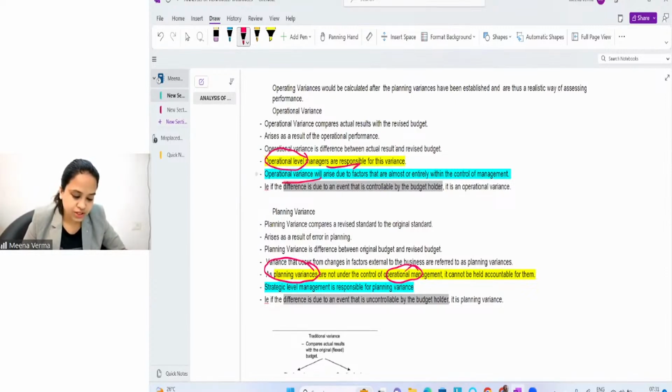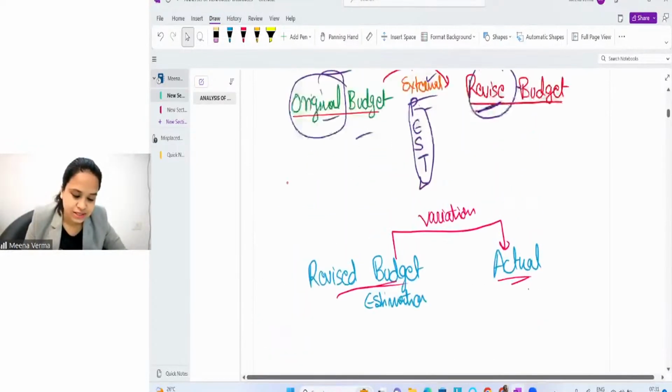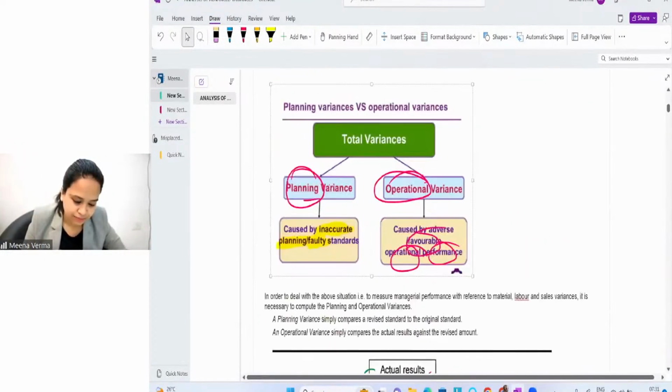And operational variation will arise due to factors almost or entirely within the control of the management. And strategic level management variation arises because of changes in the external environment, and generally it is not controllable.